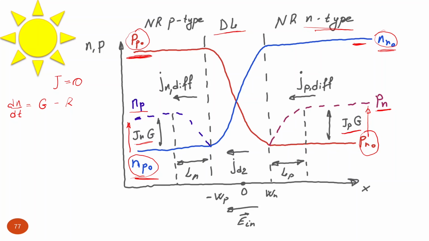So from here we can write that G is equal to R. We recombine everything that we generate, and this recombination can be expressed as the concentration of charge carriers under open circuit condition divided by the recombination lifetime tau.